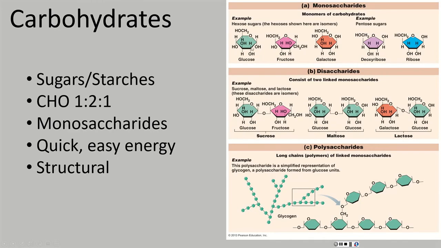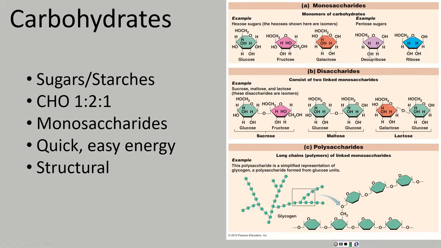number of sides. Okay, so how do we name these sugars? Well, we have the name of the individual sugars, which we see right here, but we can also classify them by how many carbons it has. If it has 6 carbons, we call it a hexose.